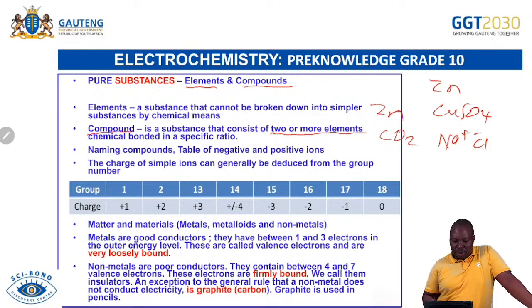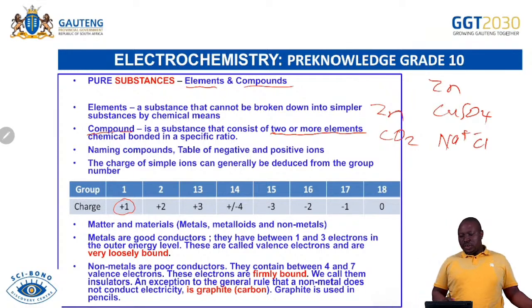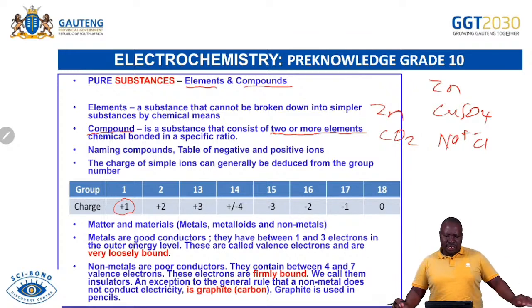Remember in the periodic table, we have group 1, which usually has a charge of positive 1. Remember a positive charge: when an element or an atom loses an electron, it is going to be positively charged. So when you see a positive charge, you must know that an atom has lost an electron.